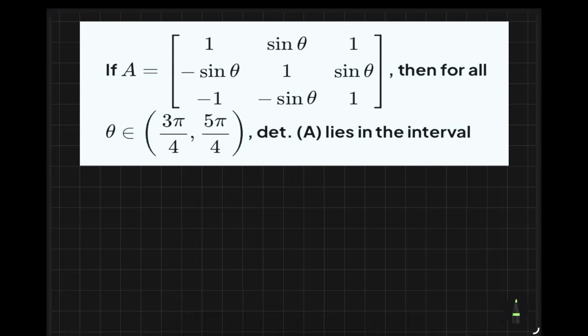So first we will calculate the determinant. If you observe, this is minus sine theta, this is sine theta, this is minus 1, this is plus 1. So I will add: column 1 will be transformed as column 1 plus column 3.